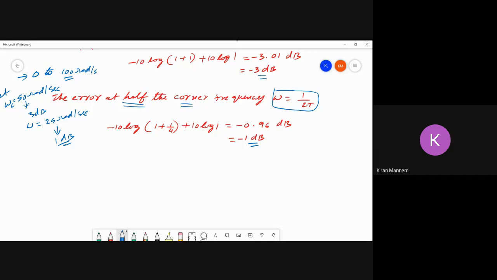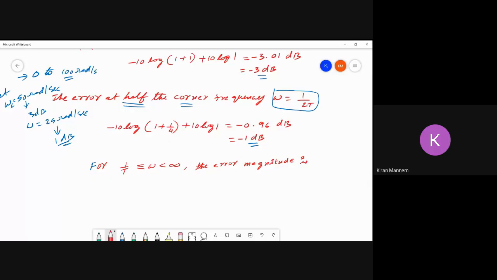So for 1 by t less than or equal to omega less than infinity, what's the error magnitude?